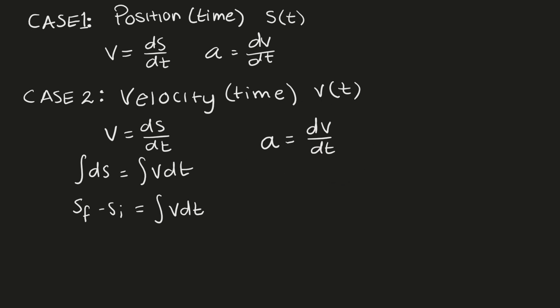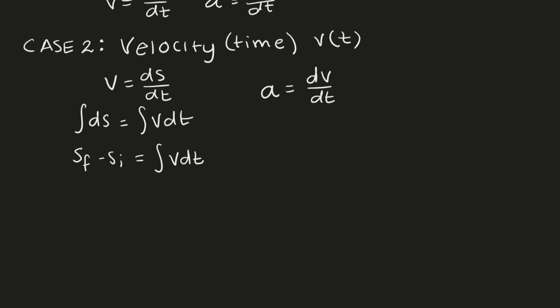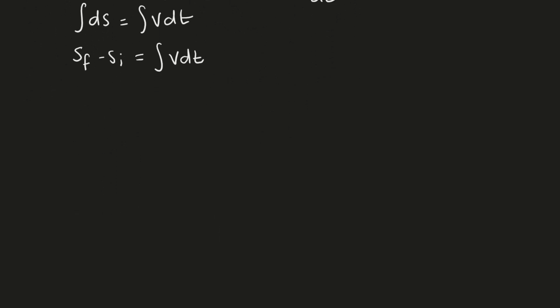And then case 3, I think things will start getting a little bit more interesting. Case 3 says, what if we are given acceleration as a function of time, or a of t?